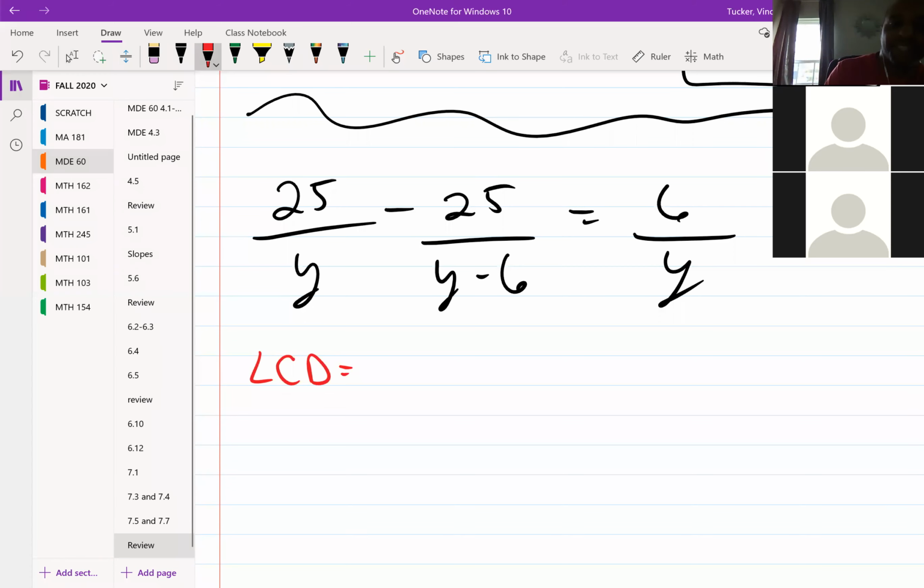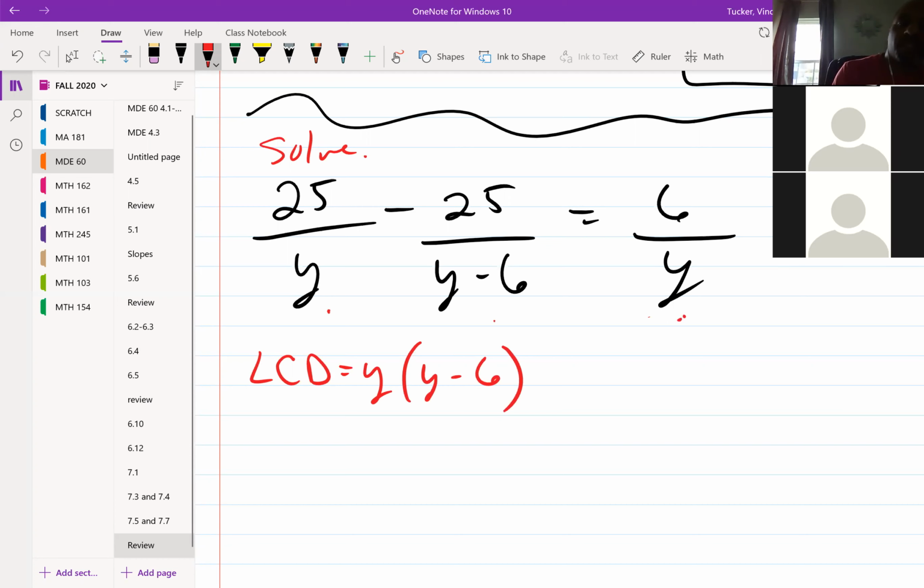So this one I think was 7.5 or 7.6, one of those sections, wherein they want you to solve. And the first thing you have to find is your LCD. I felt like this was a good segue into this section since you were talking about LCD. LCD is a distinct combination of each one of your factors. In other words, we have y and y minus 6.